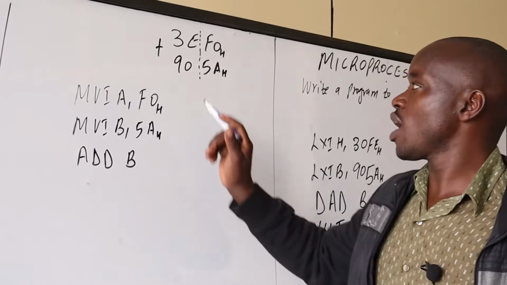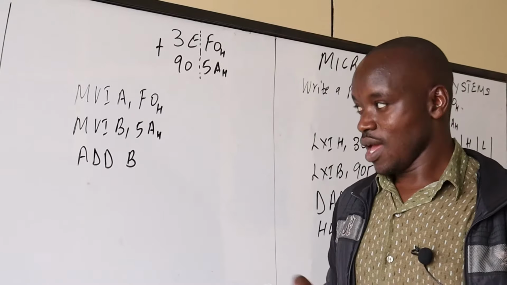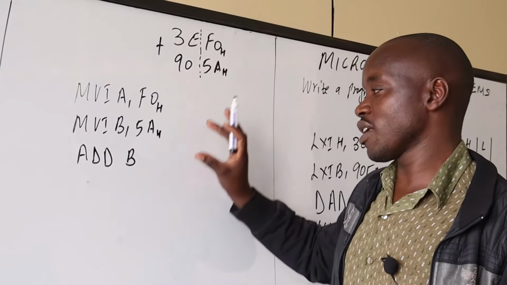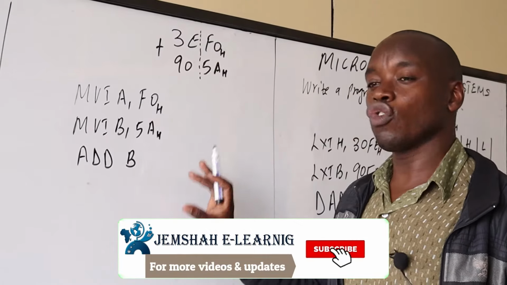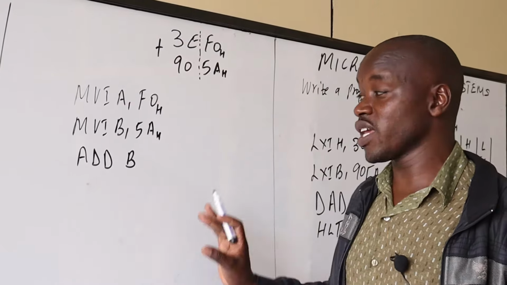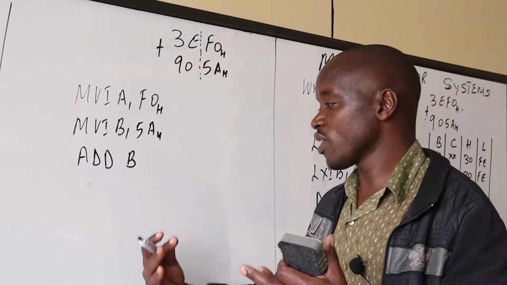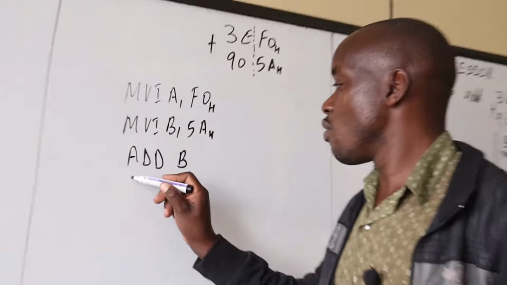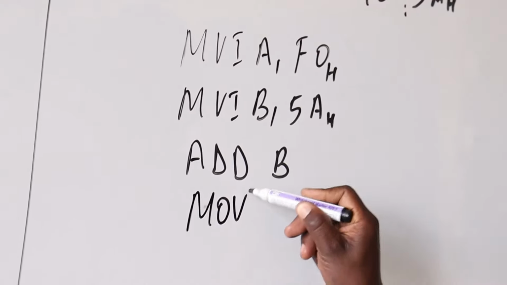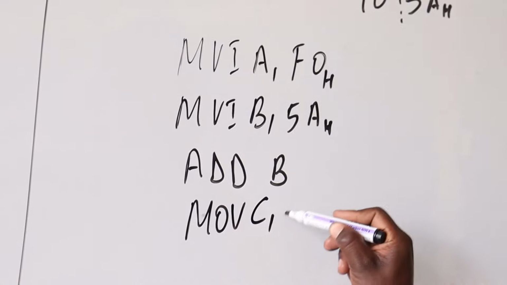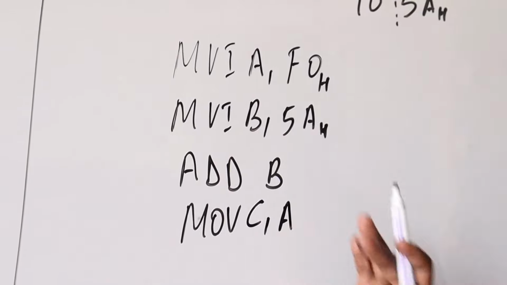Now, since I want to add 3E and 90, and the first result of the first addition is in register A, I have to copy this data somewhere, because we said if you copy data, you remain with the original and a copy somewhere. So what I will do, I will say MOV, copy to another register. I can even decide to use C. Copy to the register C what is in A. So why am I copying?